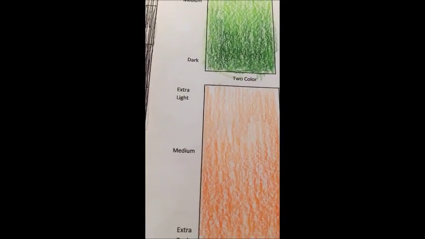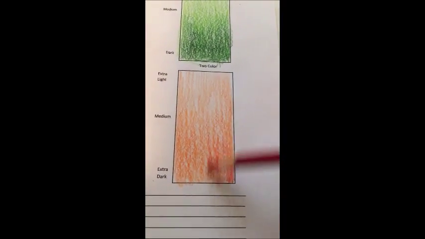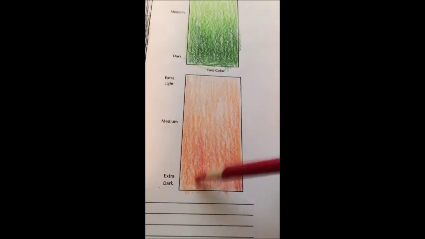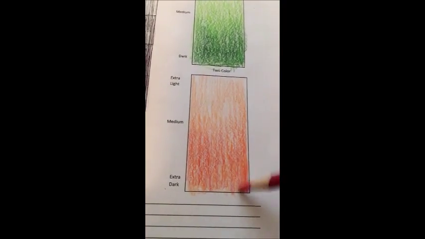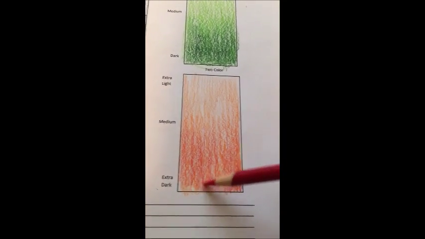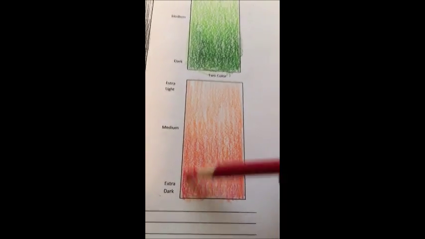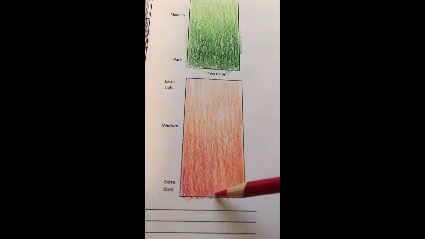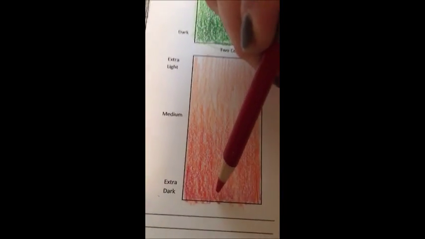Now I'm going to add my red. I'm not pressing real hard with it. I'm putting down a medium because the red's going to act as my medium and my dark. And then for the dark, I'm going to go ahead and add in my extra dark.